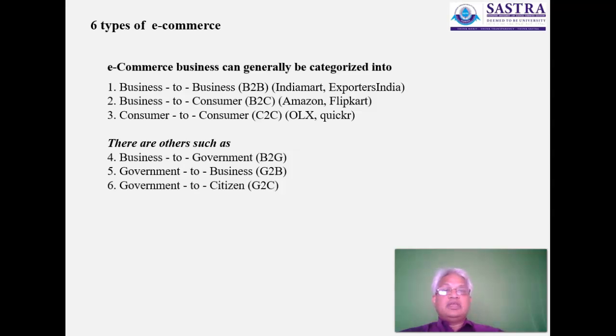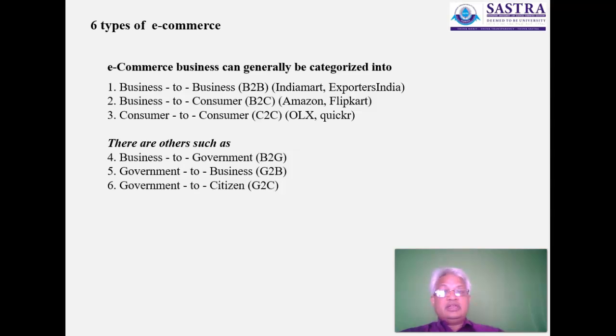You can log on to their website and look at the products they have displayed. That is very easy for you to understand what is the meaning of a B2B e-commerce segment. Amazon and Flipkart, which are very familiar names to all of you, are in the B2C segment. OLX, which is again a very familiar brand in India, is a consumer to consumer segment.